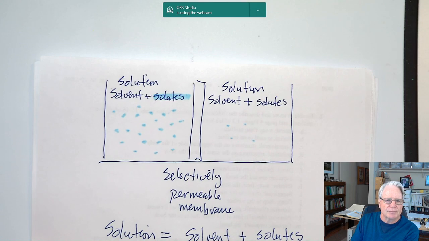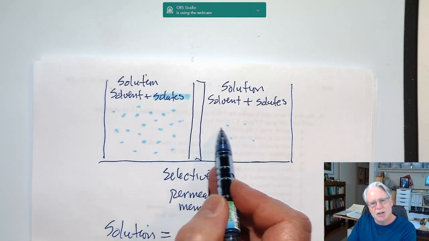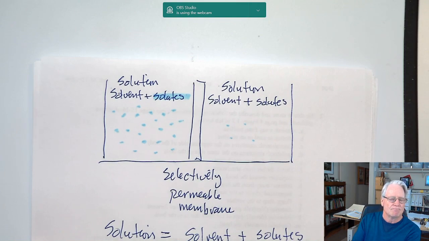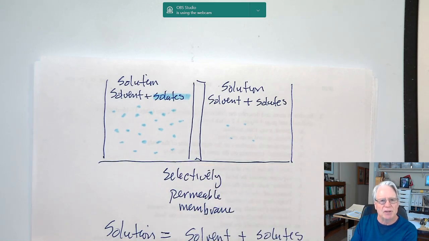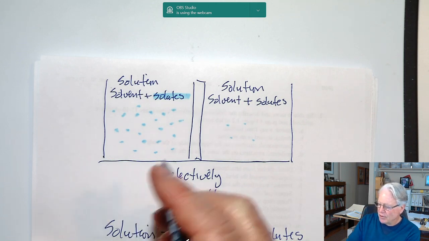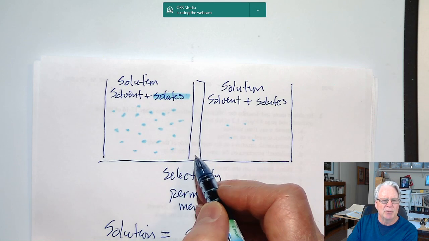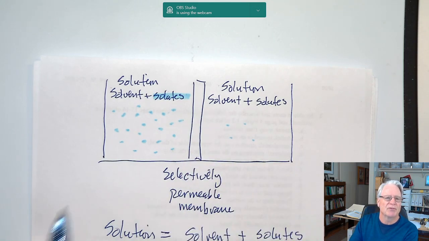Now, under the rules of simple diffusion, what you would expect to happen is that these solutes, the blue things, would move from high concentration to low concentration. But they can't, because this selectively permeable membrane is preventing them from moving. So simple diffusion is not going to happen, because the selectively permeable membrane will prevent that from happening.